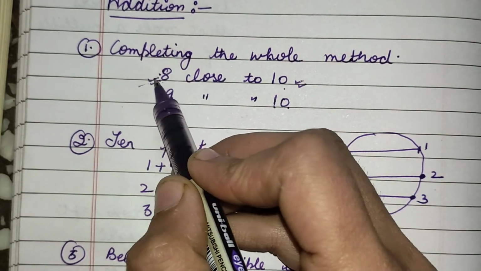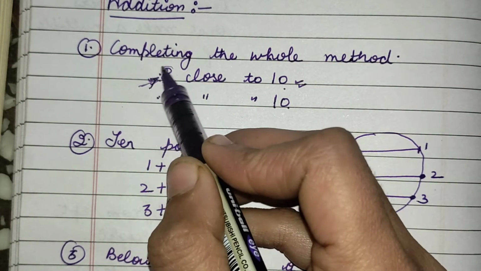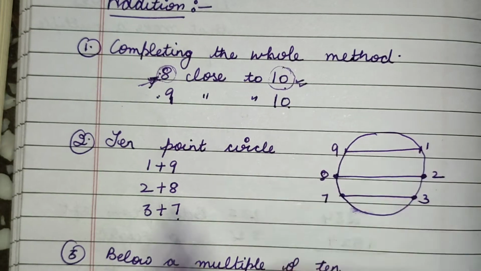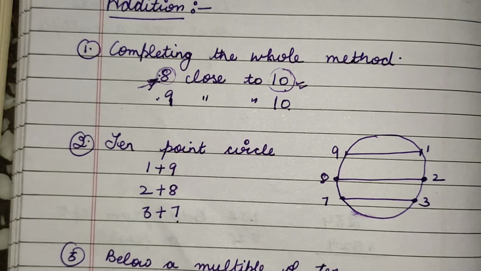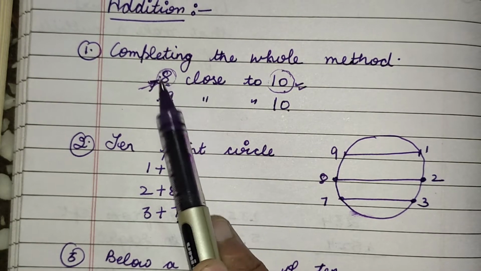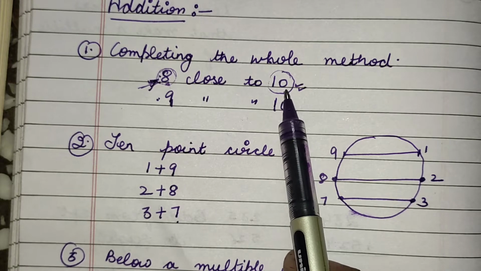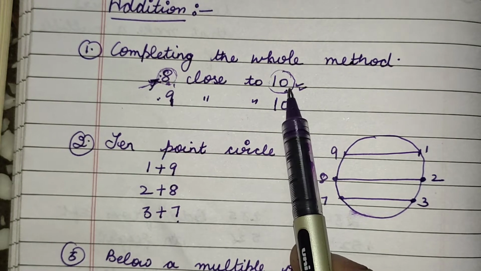So the first motive is to complete any given number to the nearest multiple of 10. First we decide how close the given number is to a multiple of 10. So 8 is closer to 10.